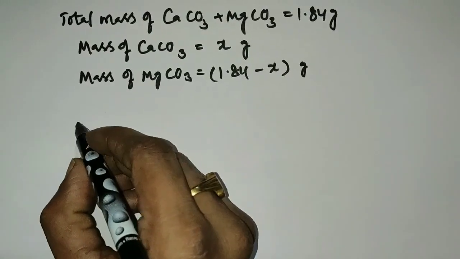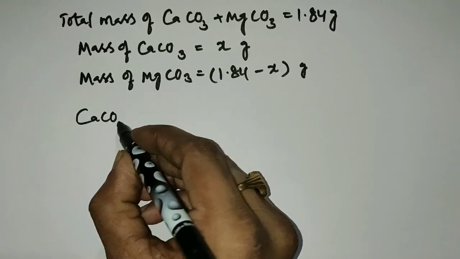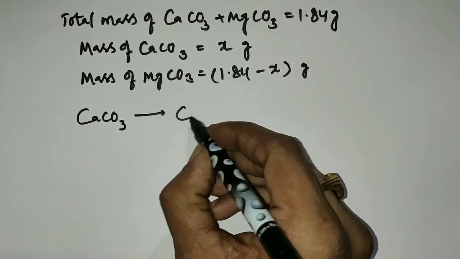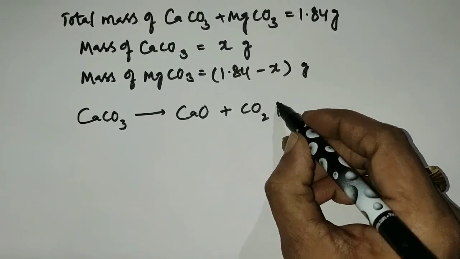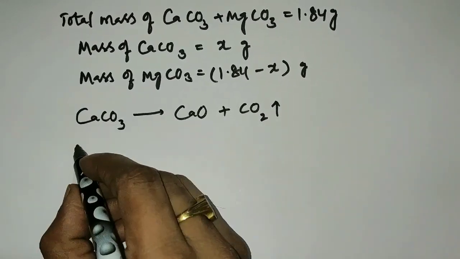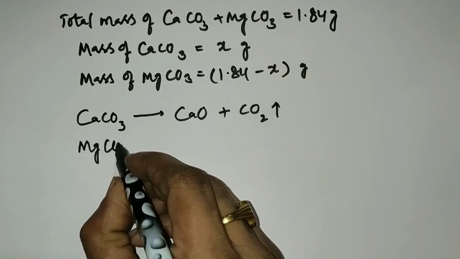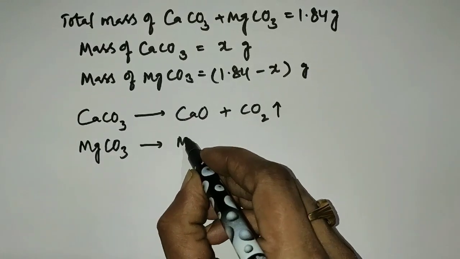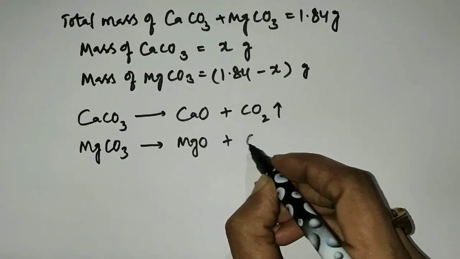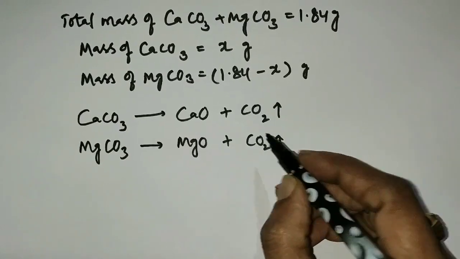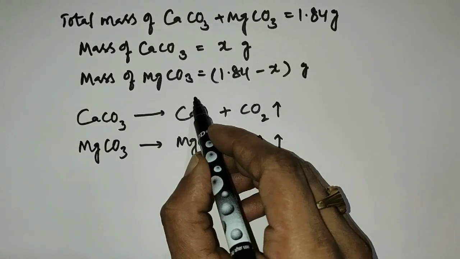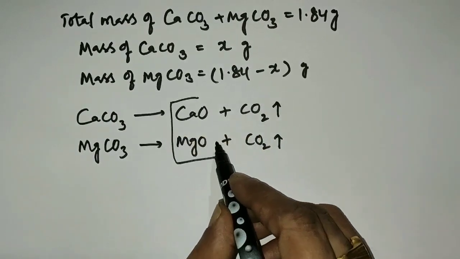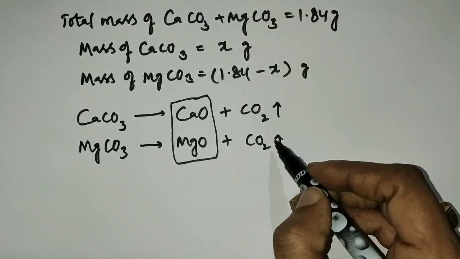When this mixture is heated, CaCO3 decomposes to give CaO and carbon dioxide. Carbon dioxide is a gas. MgCO3 decomposes to give MgO and CO2. So when this mixture of CaCO3 and MgCO3 is heated, you will get a residue of CaO and MgO, where CO2 gas escapes out.